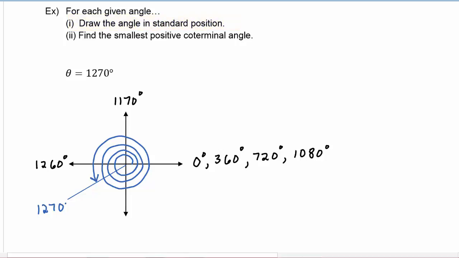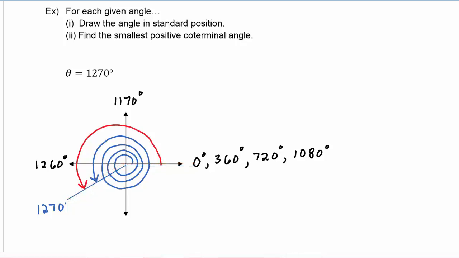Now in part 2, we have to find the smallest positive coterminal angle. So that would start with the same initial side in standard position, and it would end at the same terminal side, but it would be the smallest possible rotation to get there in the positive direction.